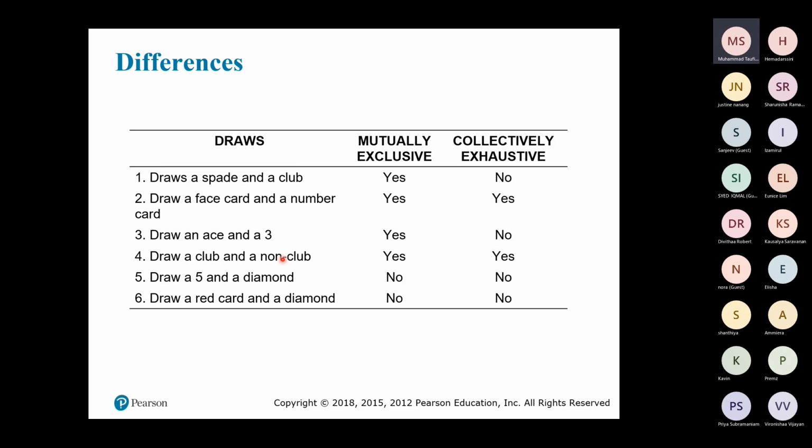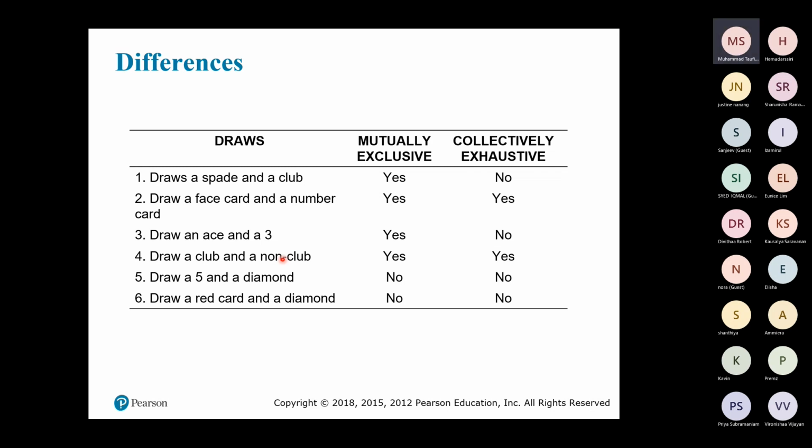If events overlap with each other, that is a not mutually exclusive event. And if the events only consider certain outcomes, then the event is not collectively exhaustive.